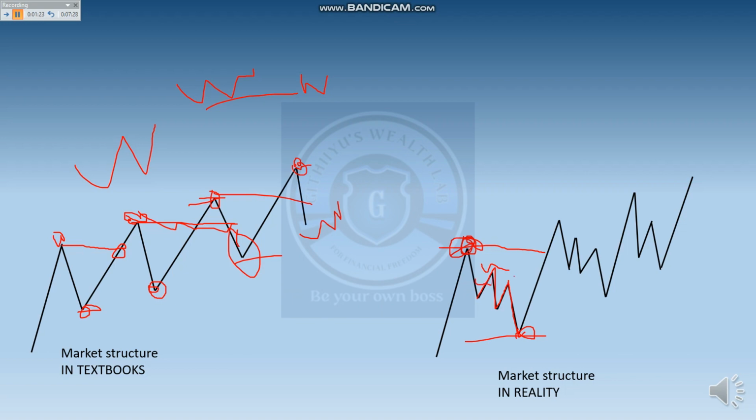And these internal structures, we are coming to see how we are going to trade them, or maybe how we are going to use them to get into trades, to minimize our risks and maximize our profit. So don't be confused by these small structures that are inside the market.